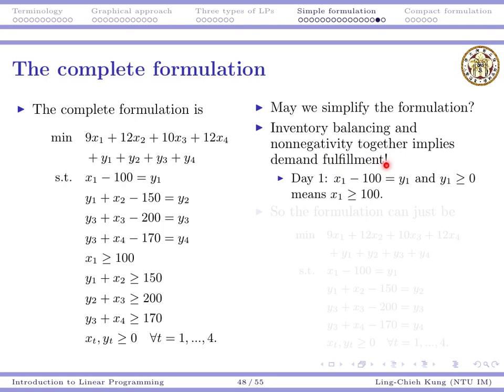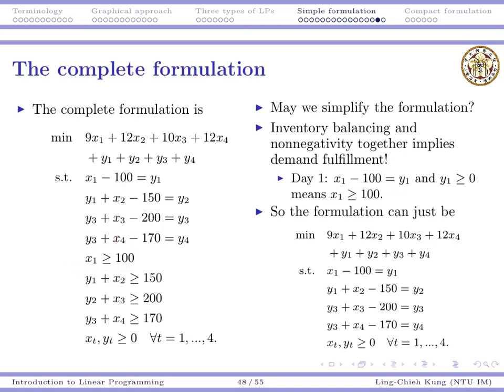Okay? For example, day 1. If you have x1 minus 100 is y1, and y1 is non-negative, then together you know x1 must be at least 100. This constraint is redundant. And similarly, all these 3 constraints are redundant, so the formulation can just be this one.